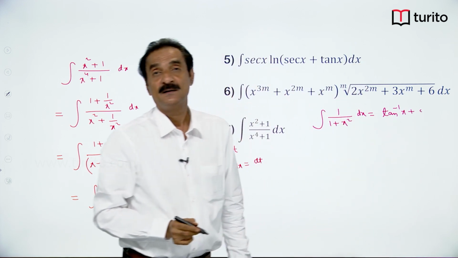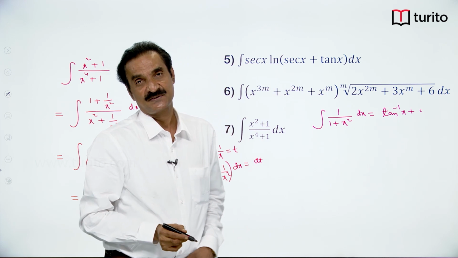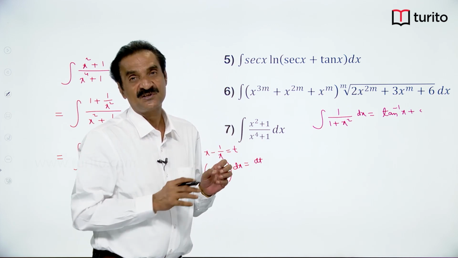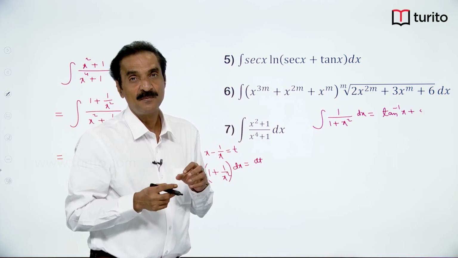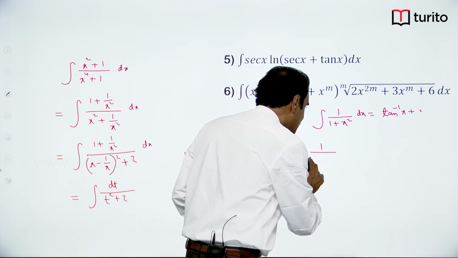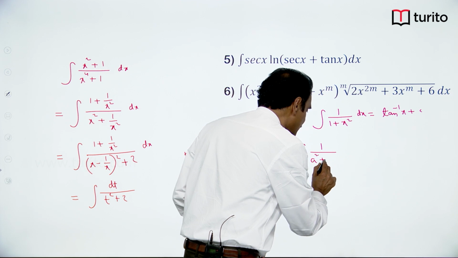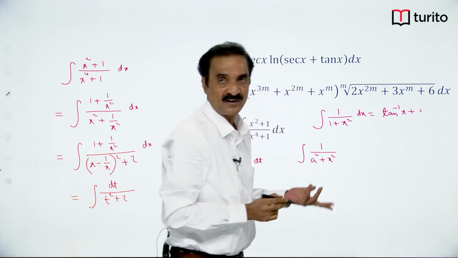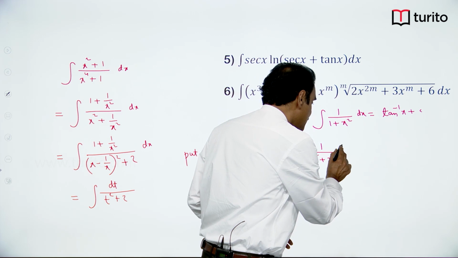Or minus cot inverse x. From this, we can derive a formula for integral 1 by a square plus x square, or x square plus a square. How to get it?